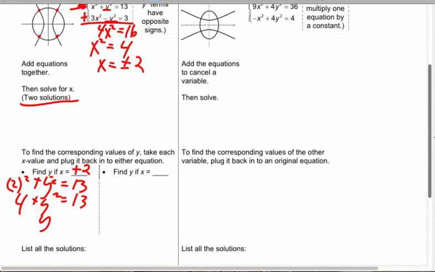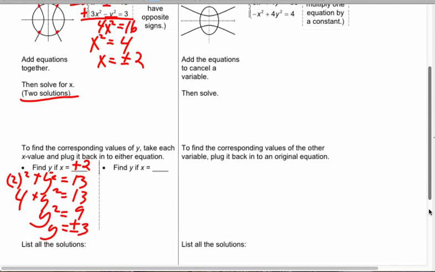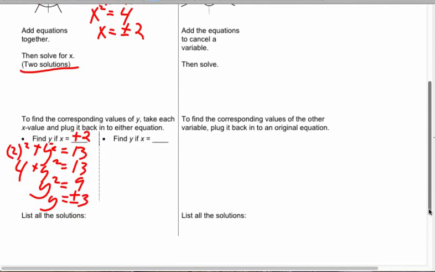Y squared is 13 minus 4, which is 9, or y is going to be plus and minus 3. And so all of my possible solutions to this are going to be positive 2 and a positive 3, and I'm also going to have my positive 2 and a negative 3. So there are 2 of my solutions.